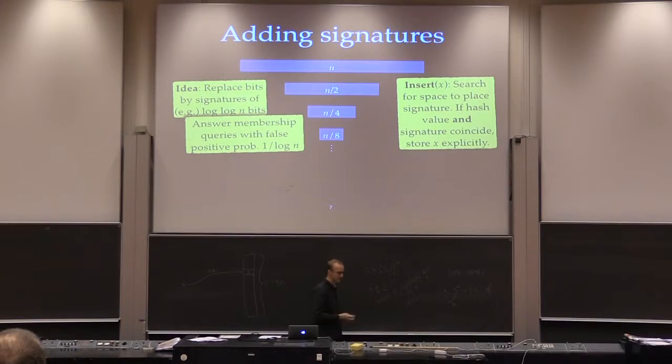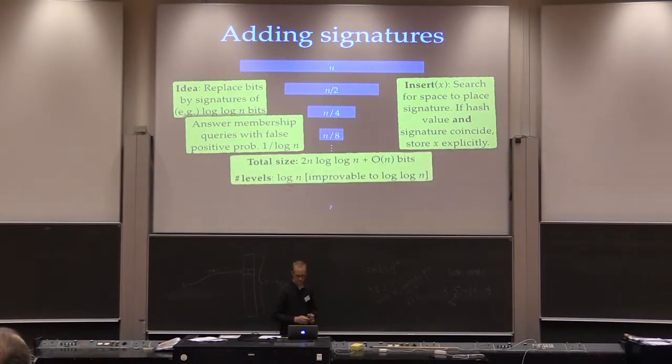So with probability 1 over log n, we store log n bits, basically. So the total size here is going to be 2 log n plus O of n bits for a perfect hash function where you can insert new elements. And it turns out that this is actually optimal. So in the dynamic case, you can really not hope to just get something that's linear, and you actually need this log n factor.